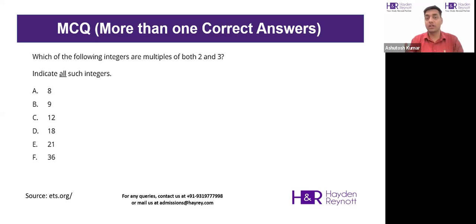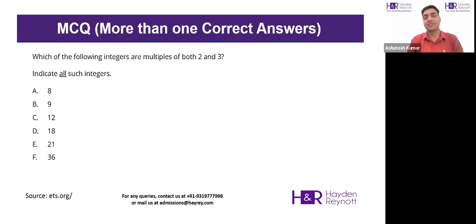If you select more answers, say out of 6 options only C and D are correct, but you select B, C, and D, you get a wrong answer. If you select only C, again you get a wrong answer. So if you want this to be evaluated with the correct score, you have to make sure that you select only C and D, which are correct.